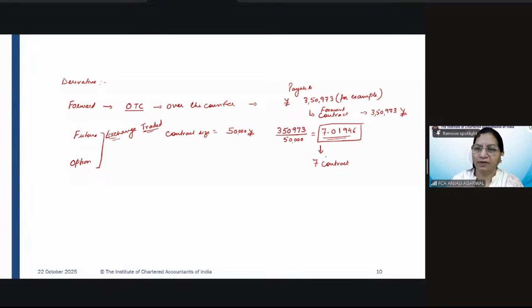So you will take 7 future contracts, which means for the 0.01946, you have two options. You can leave yourself uncovered, that means unhedged, or you can cover through some forward market.